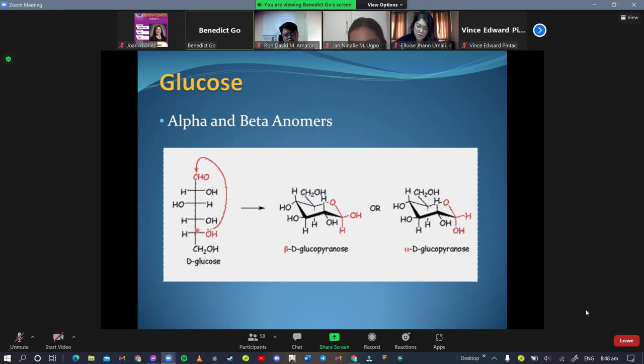Now, when it cyclizes, you will form a ring, or in this case, a chair conformation. The hydroxyl group can be oriented here equatorially, therefore designated as beta D-glucose, or axially, designated as alpha D-glucose.